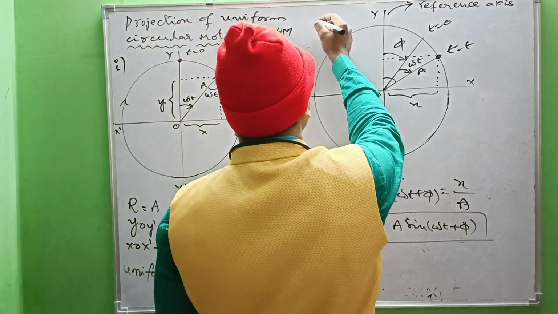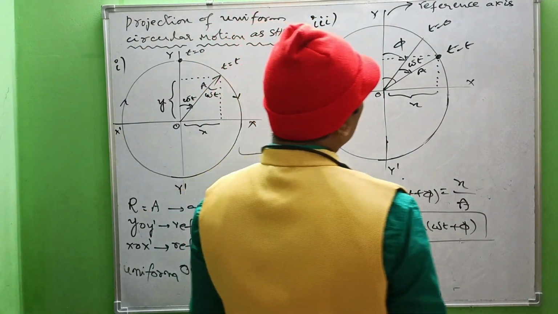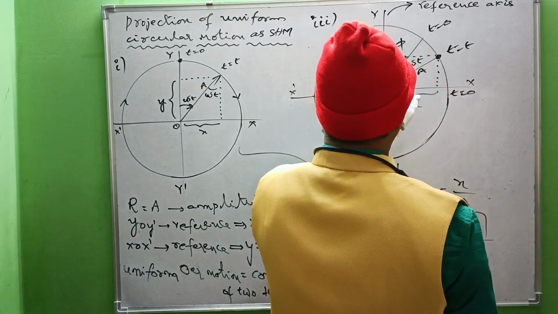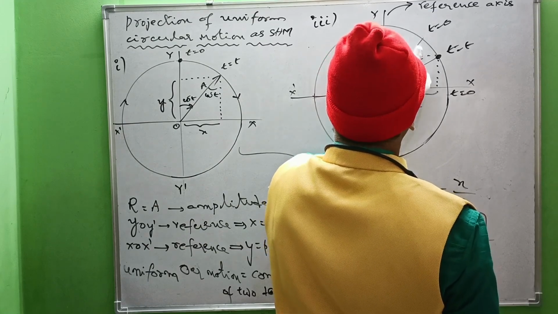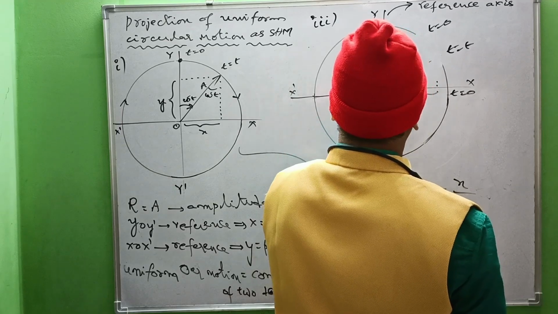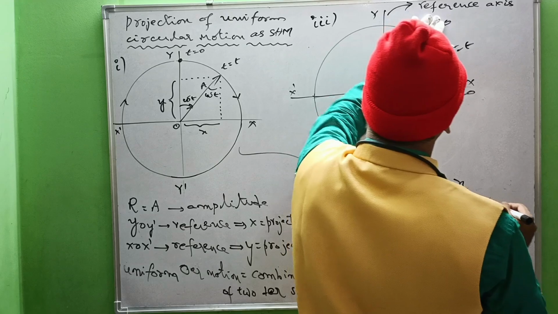Now the third situation. Suppose at t equal to 0, this is the position of the particle. So I want to rub the written matter. See here. Third situation. What is that situation?